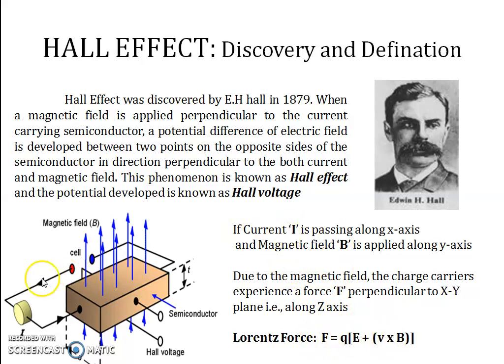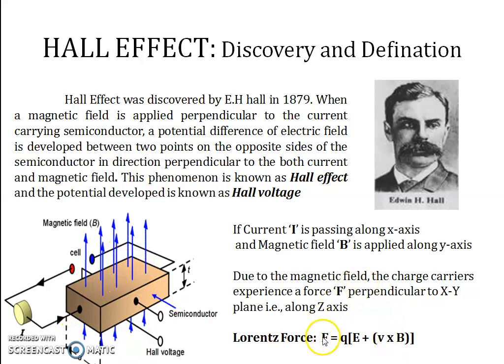If a current I is passing through the semiconductor and it is placed in a magnetic field B, then the charge carriers will experience a force F, which is in the direction perpendicular both to the current as well as the applied field.